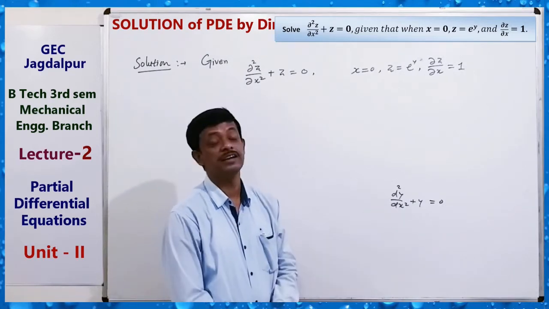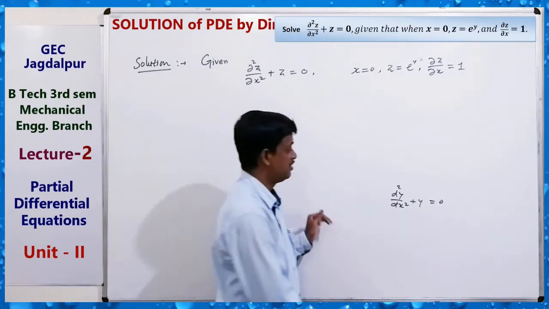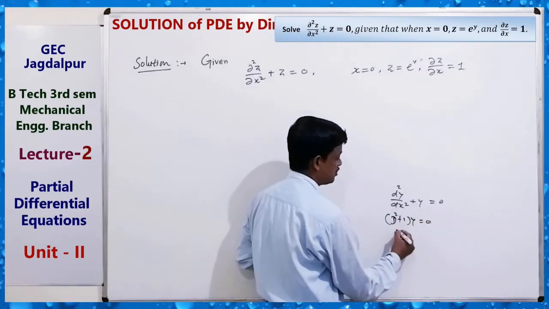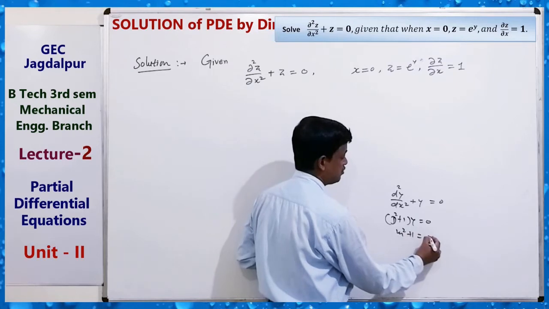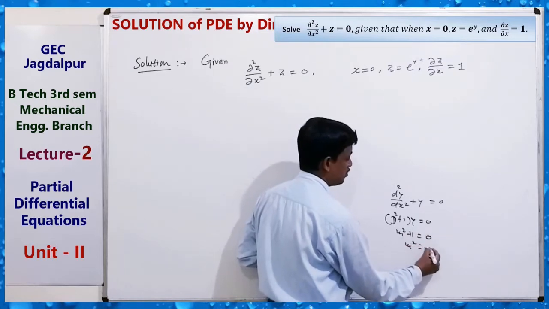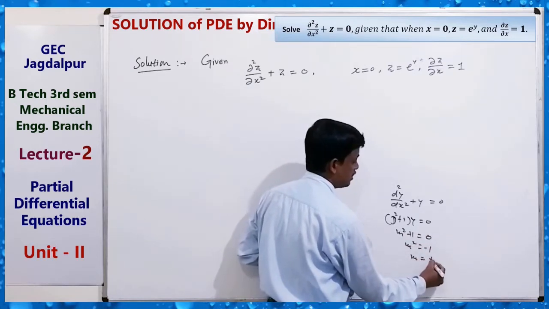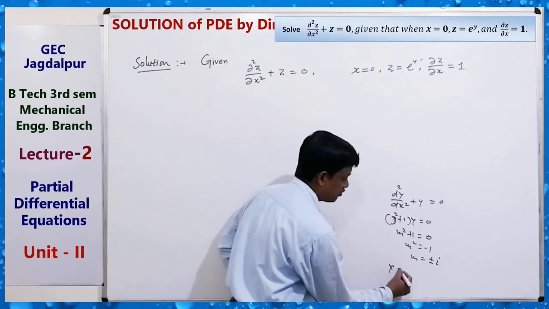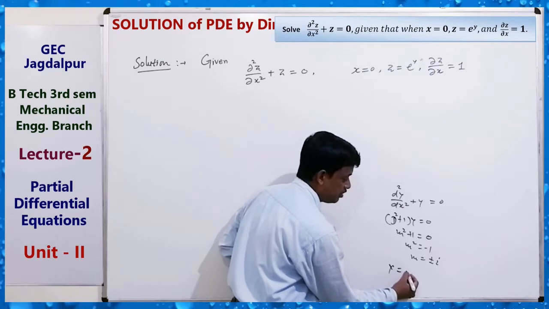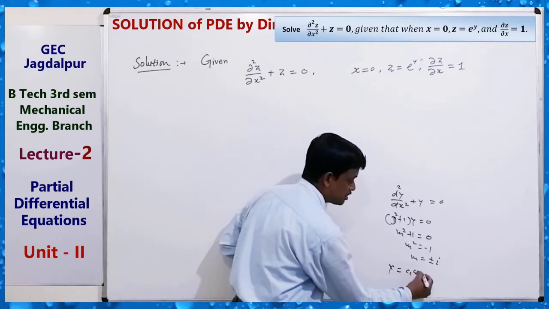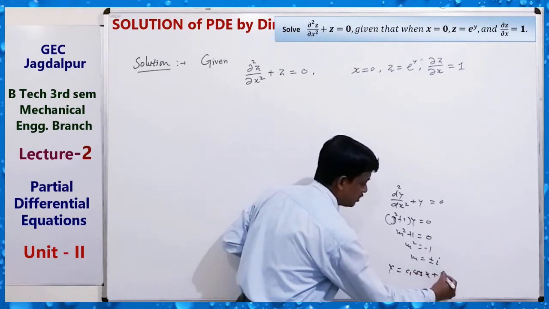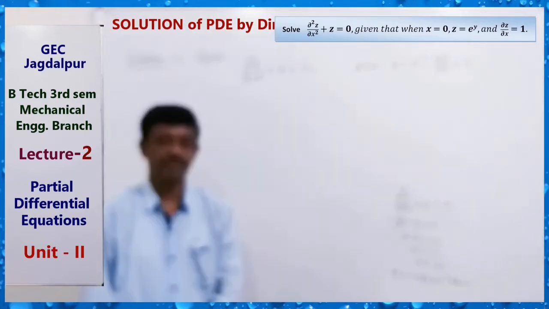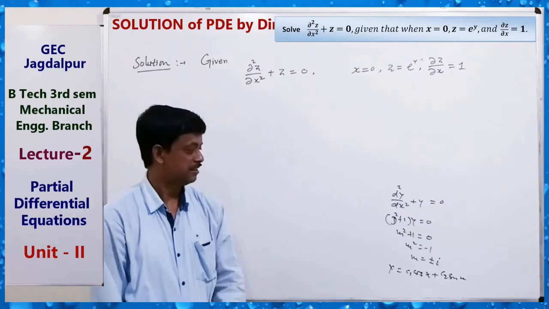This ordinary linear differential equation gives m square plus 1 equals to 0, m square equals to minus 1, m equals to plus minus i. Then the solution is y equals to c1 cos x plus c2 sin x. We can find its solution like this.